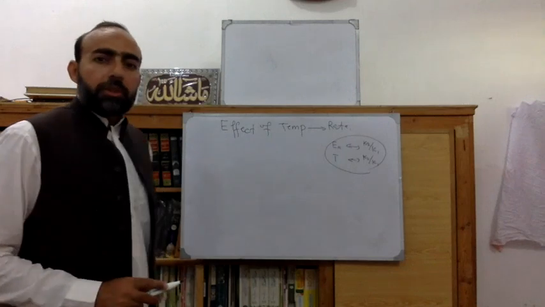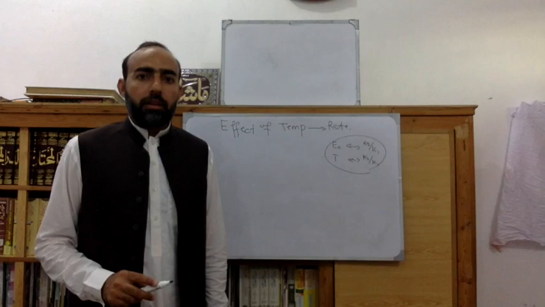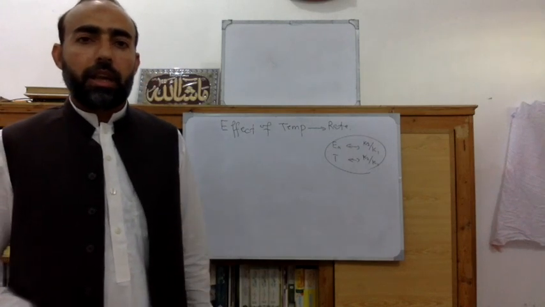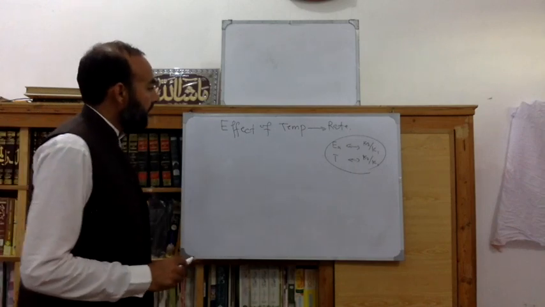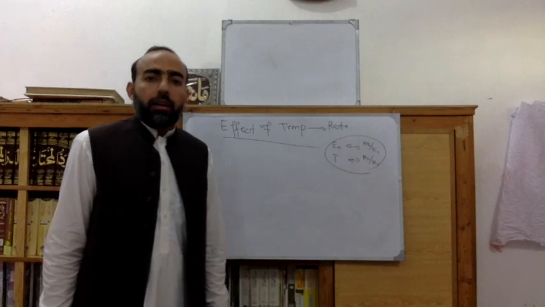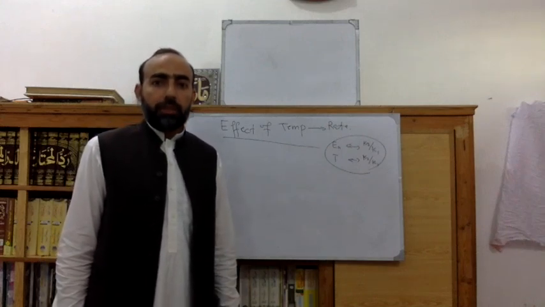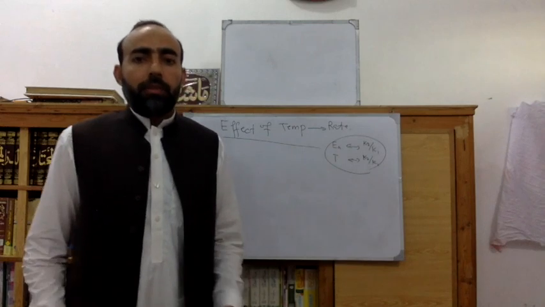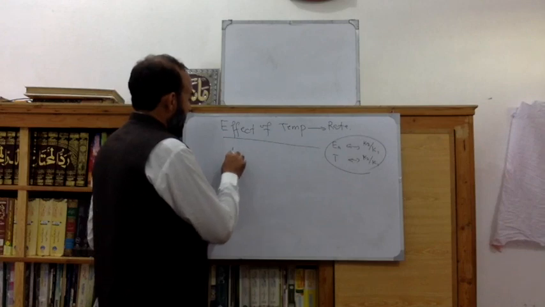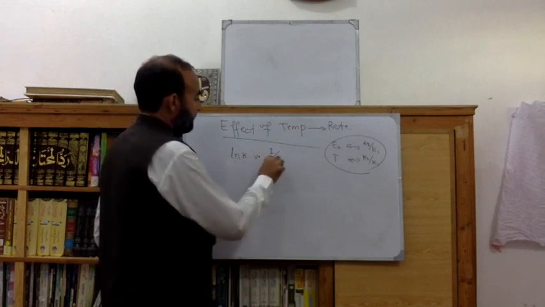And also we have to study the effect of temperature on equilibrium systems in terms of entropy change, enthalpy change, and Gibbs free energy change. So the first thing we have to focus on is which kind of relationship will be applicable for those kinds of reactions which show a non-linear behavior of ln k versus 1 over T.